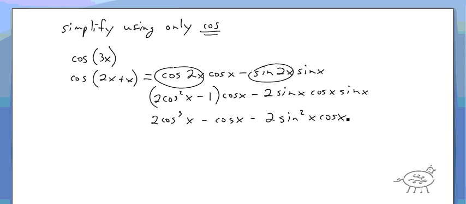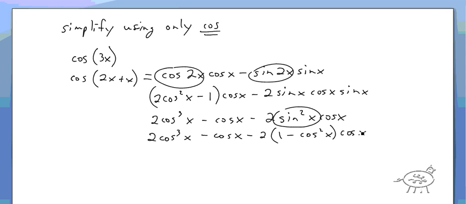So remember, I want everything in terms of cosines. So we need to convert that into 1 minus cosine squared of x. So it's going to be 2 cosine cubed of x minus cosine of x minus 2 times 1 minus cosine squared of x times cosine of x.